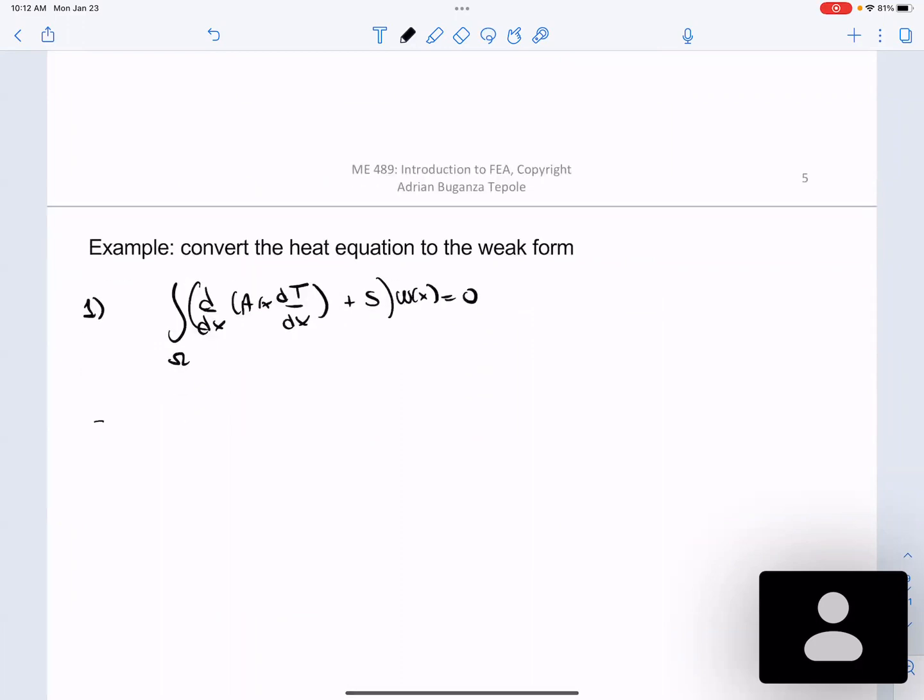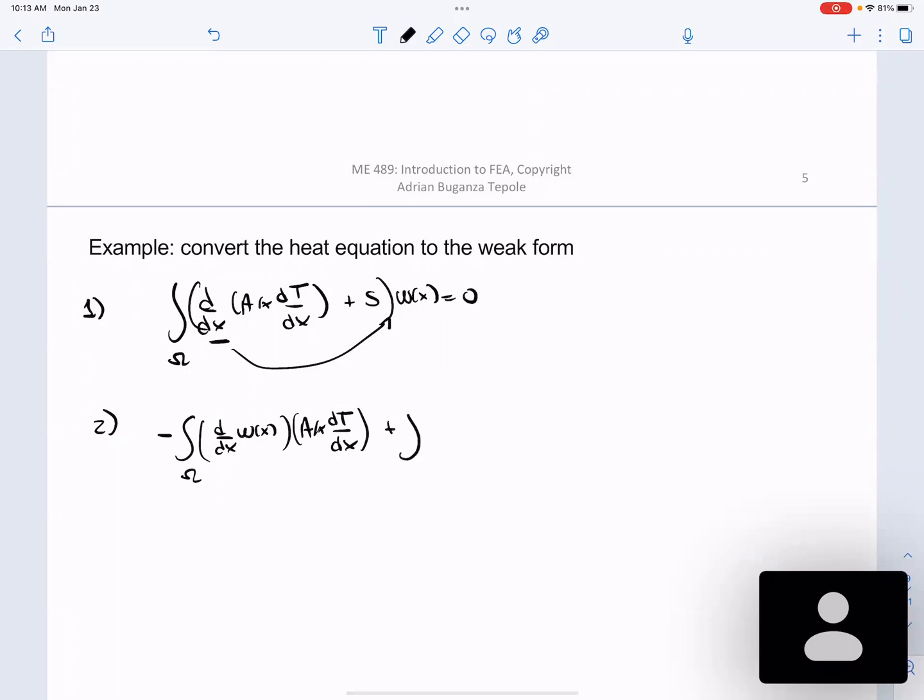Then we're going to do integration by parts, and I'm basically passing this derivative to the w. So I'm going to have d/dx of w of x times a k dT/dx, only in one of the terms.